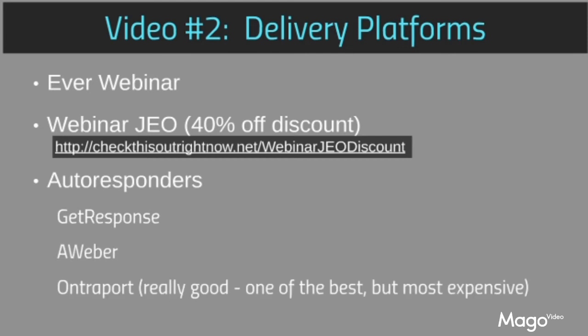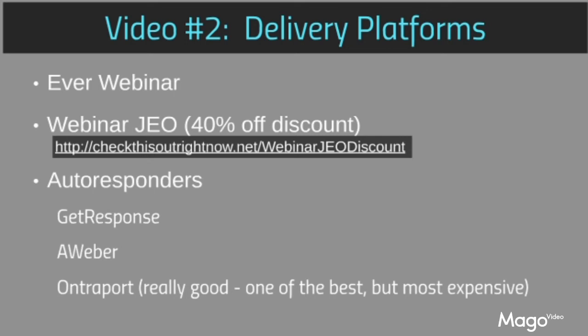It has a lot of tracking and statistics that you can actually use to improve your business. But the only major problem is that Ontraport costs $297 per month, whereas GetResponse or Aweber start at $25, $35, or more, and it progresses from there.